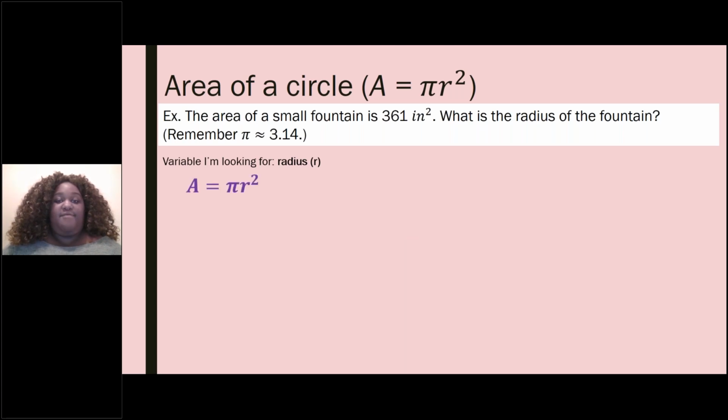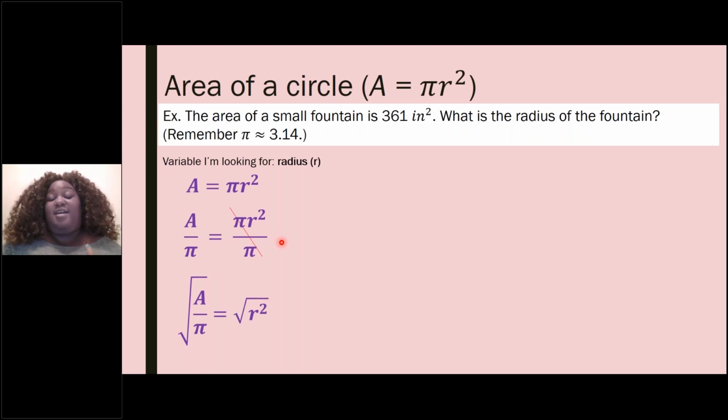I'm going to rewrite that formula down there, and I need to get r by itself. So the first thing I'm going to do is divide by pi on both sides. Those will cancel out over there. And I'm left here with A over pi. But remember, r squared isn't the same as just r. So we need to get it to be just r.